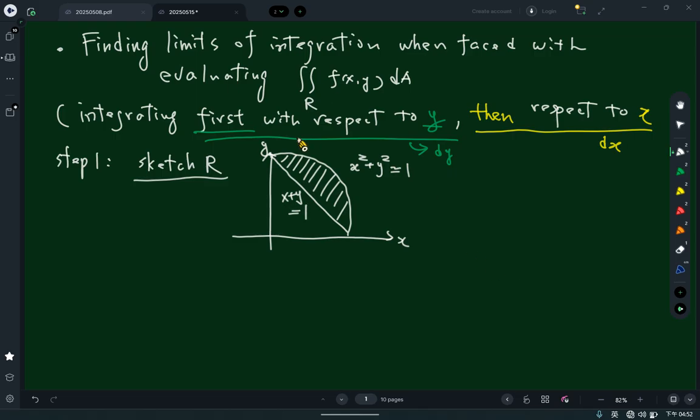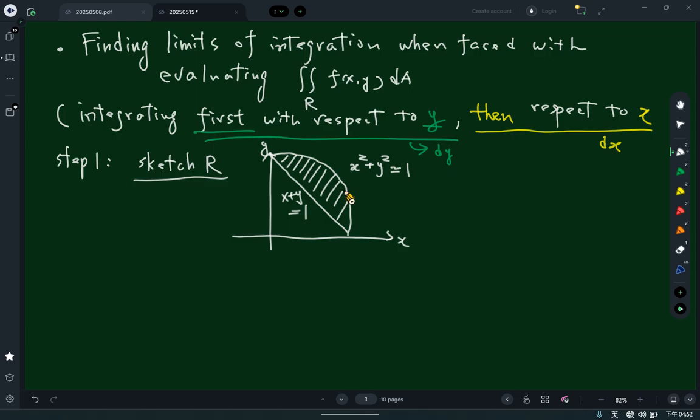So this is a slanted line. So with this unit circle and this line, you can just measure the area enclosed by these two curves. So you can just sketch the R first, like this one.